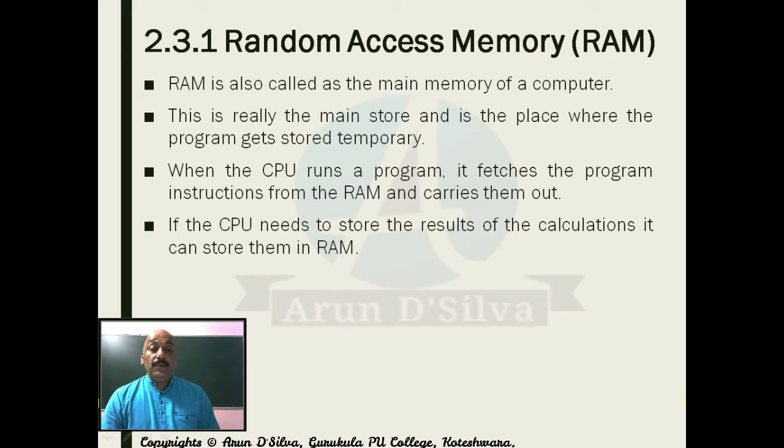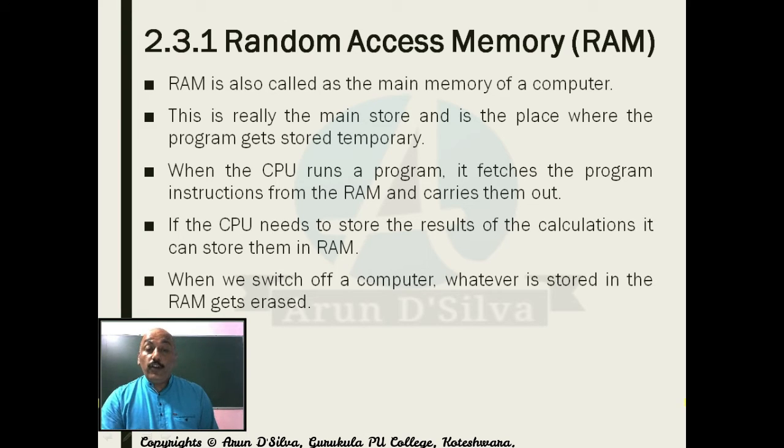If the CPU needs to store the results of a calculation, it can store them in the RAM. Whatever data is required to perform the work is in the RAM, and after performing, the results also come and sit in the RAM.